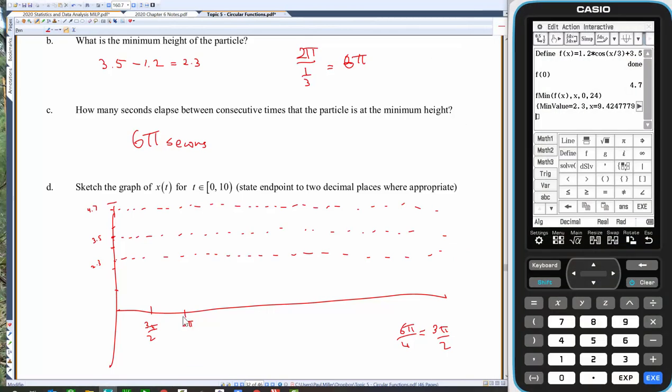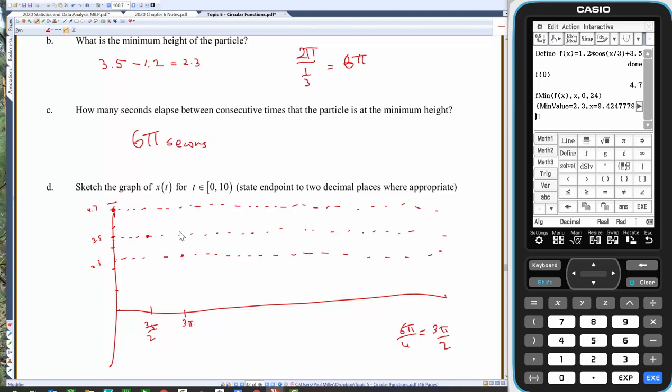Okay, so 3 pi is roughly 9. So it's going to start there at 0. There. It's going to hit 3 pi, which is 3 lots of 3.1, which is 9.3. It's going to start to return.